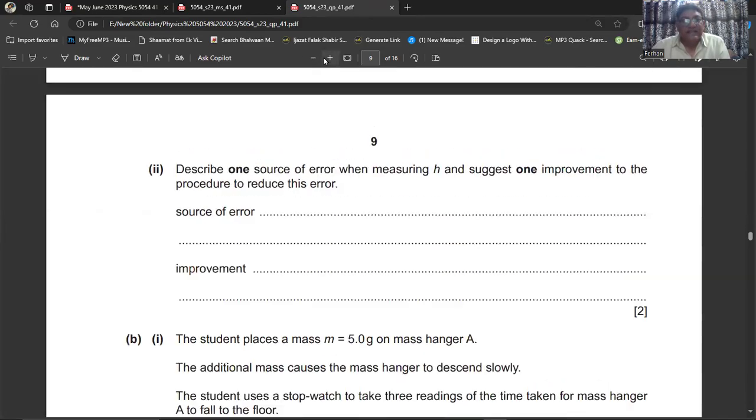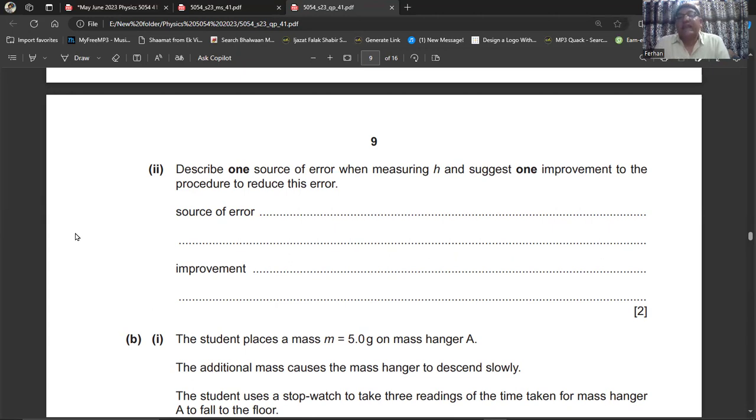Then he says, describe one source of error when measuring h and suggest one improvement to the procedure to reduce this error. Whenever you find the height of the bottom of hanger A, you are using a vertical scale.